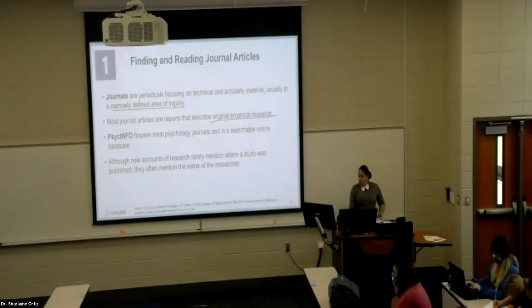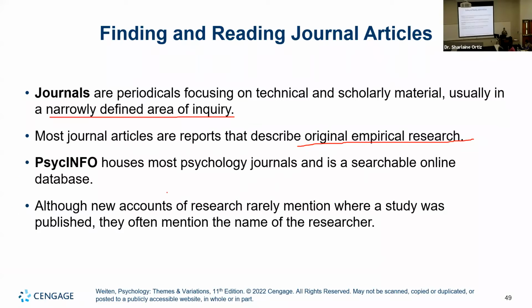Now, specifically geared in the field of psychology, PsycInfo is one of the more common databases that we utilize. So imagine this is Google, but like on science steroids. PsycInfo becomes your Google, and it's only geared to finding journals as an online database.